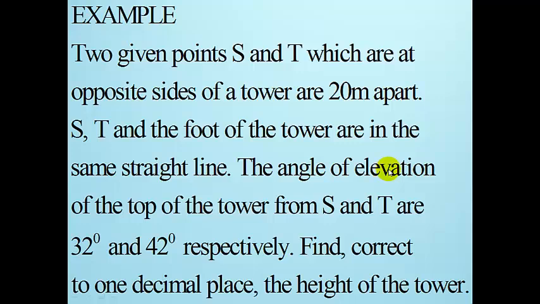The angle of elevation of the top of the tower from S and T are 32 and 42 respectively. This means that the angle of elevation of the top of the tower from S is 32 and from T is 42 degrees. Now we are asked to find, correct to 1 decimal place, the height of the tower.